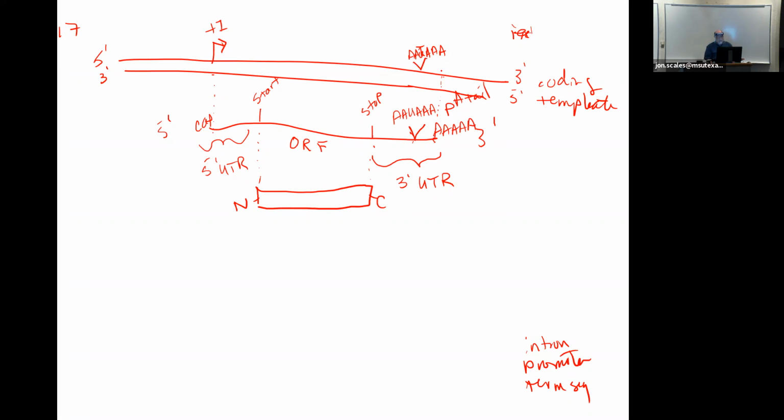And you also have a signal just after that, that is a GU-rich signal sequence. And together, those are the termination signals for a eukaryote.